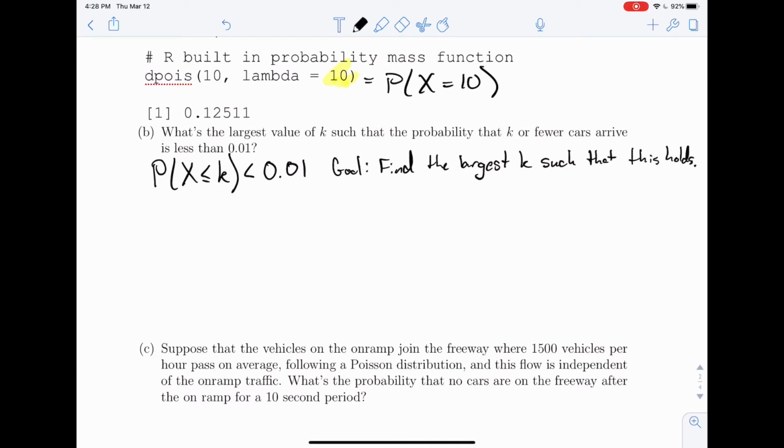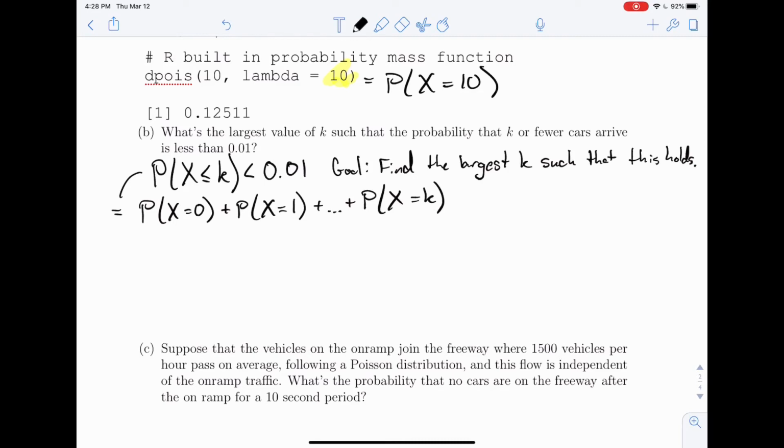Okay, so then one way to do this is to start adding up things. Well, this left-hand side is equal to the probability that x equals 0 plus the probability that x equals 1 plus ... plus the probability that x equals k.